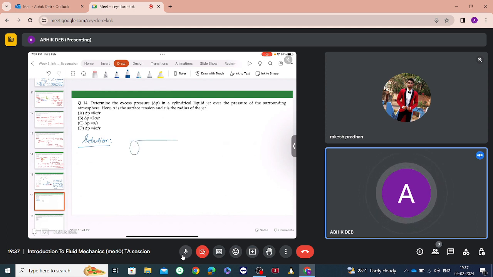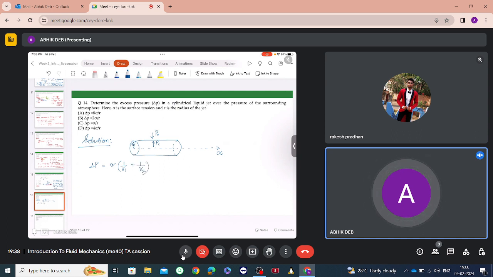So say this is the liquid jet, a section of the liquid jet. One of the radii is r1, and what will be the other radius? The other radius will essentially be infinity. So this is pi, this is po, and delta p is equal to sigma times (1 upon r1 plus 1 upon r2).